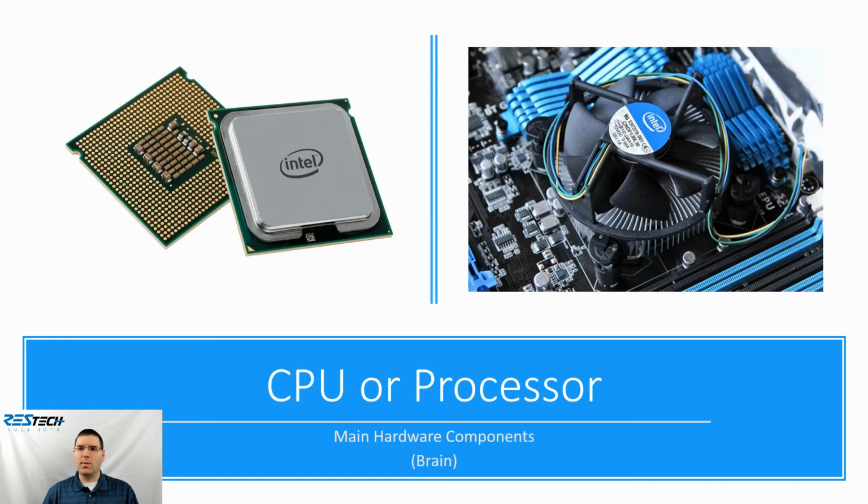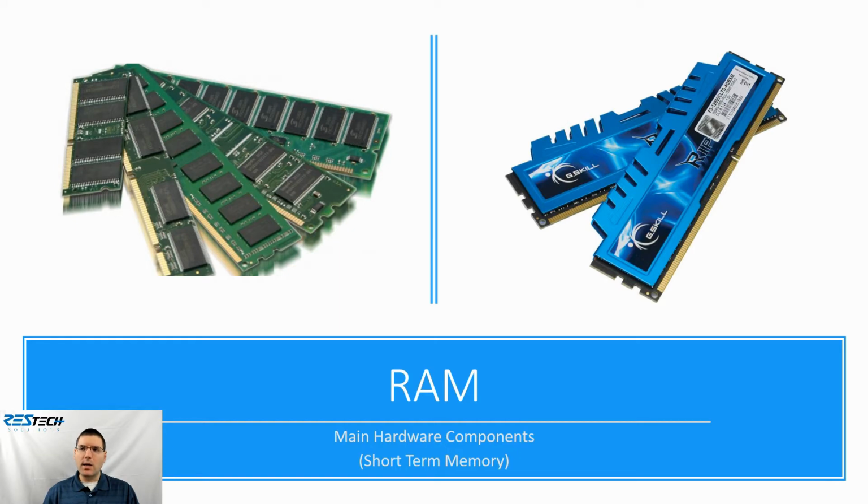So the CPU or the processor, think of that as the brains of the computer that does all the actual processing. RAM, which is a type of computer memory, think of that as the short-term memory of the computer.